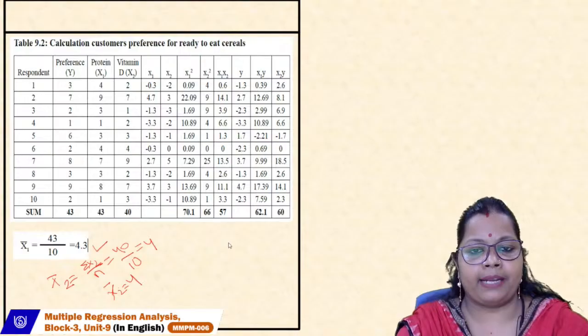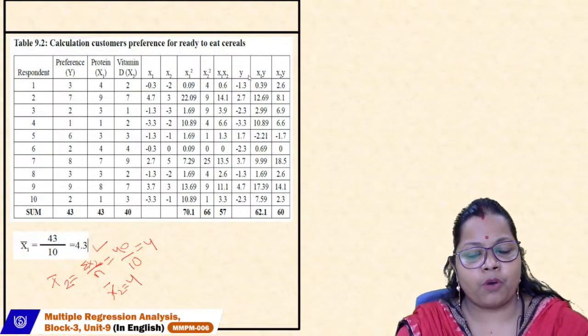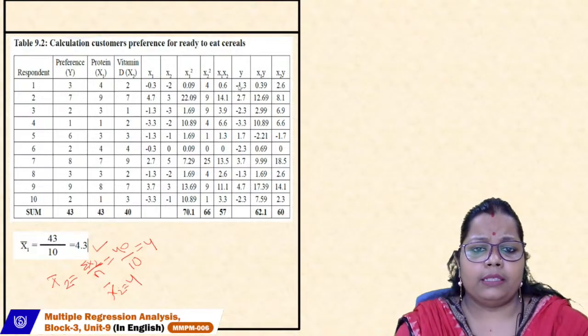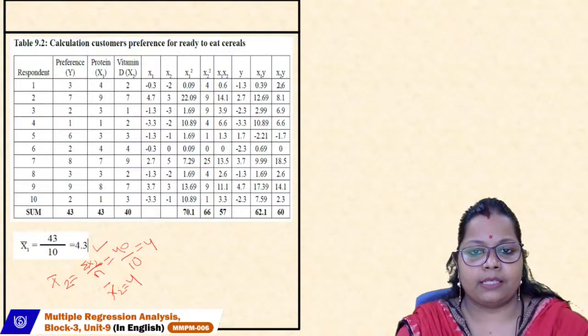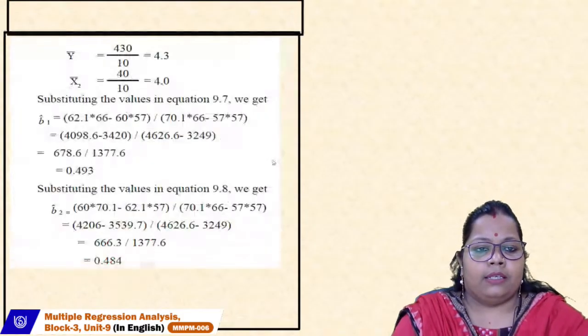After calculating small y, I multiplied small y with the individual x1 value, like minus 0.3 into 4, which I have cited here, 0.39. In that way, the respective x1 value is multiplied with the respective small y value. Similarly, I calculated the x2 y value.